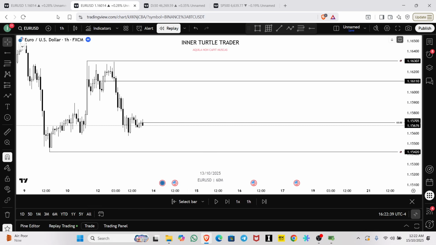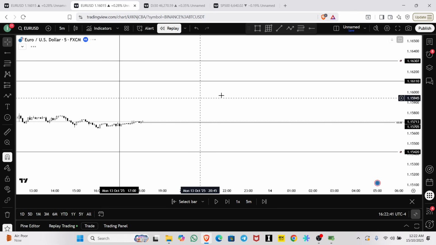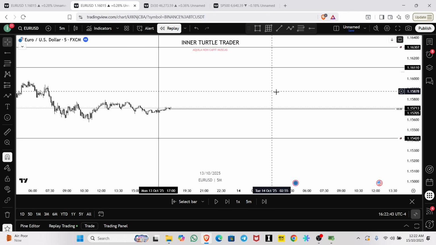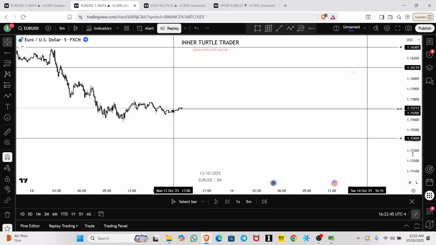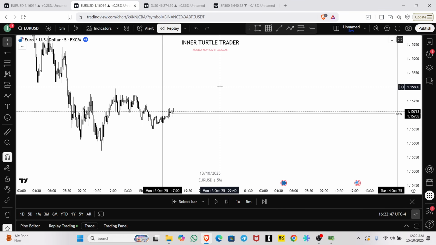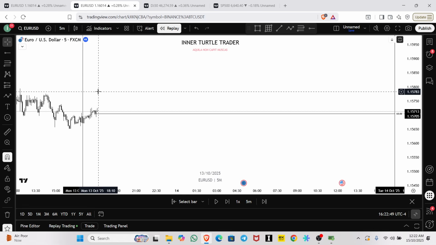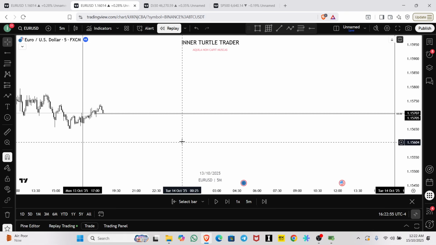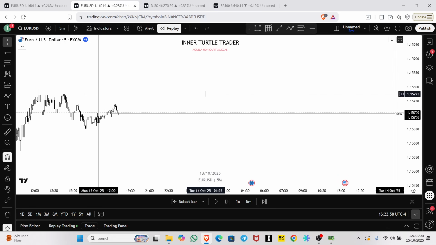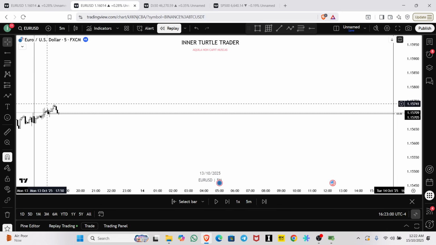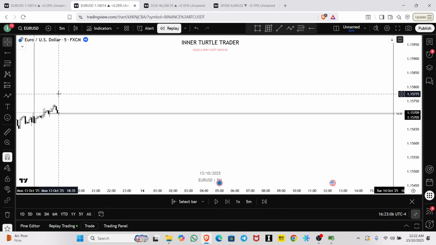Then you have the framework of how you make your footings in the day and how you move forward with it. Since the day is opening, this is a concept which is given to us by ICT, and it's very, very useful in quarterly theory.